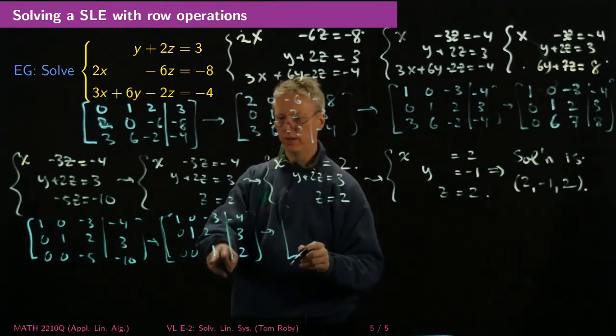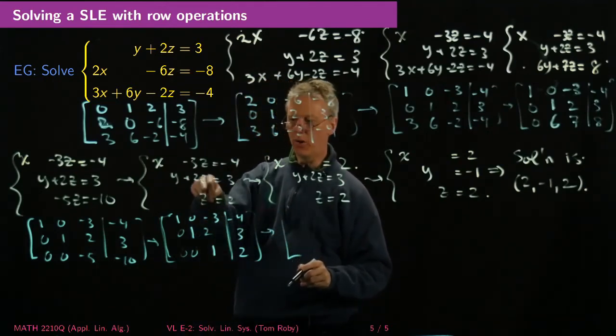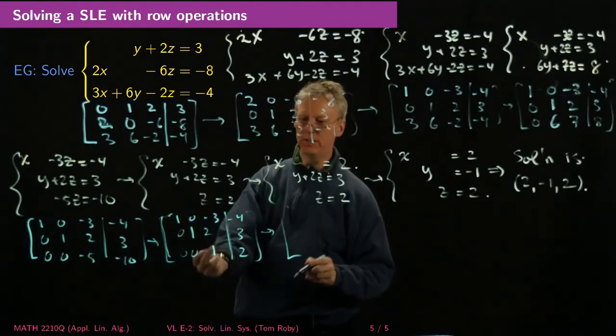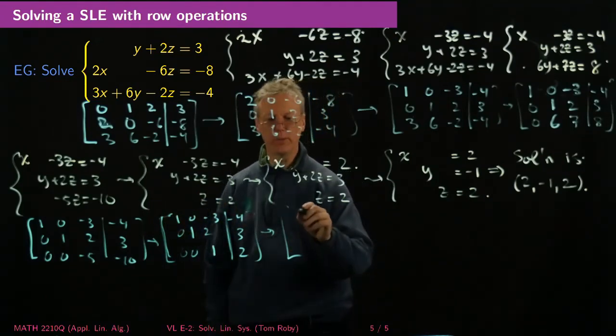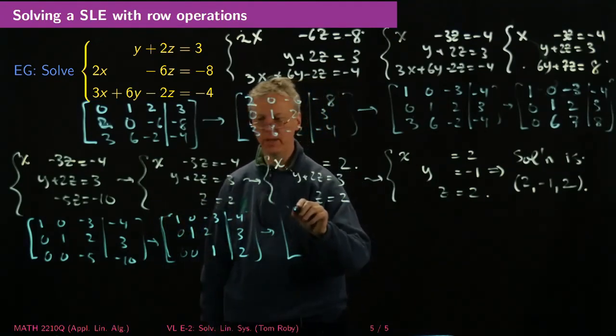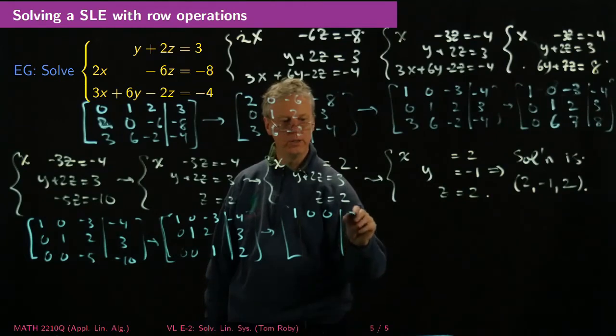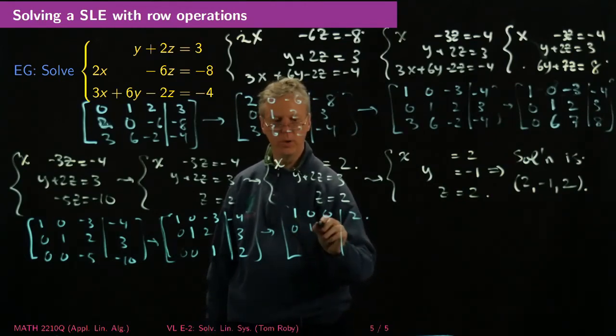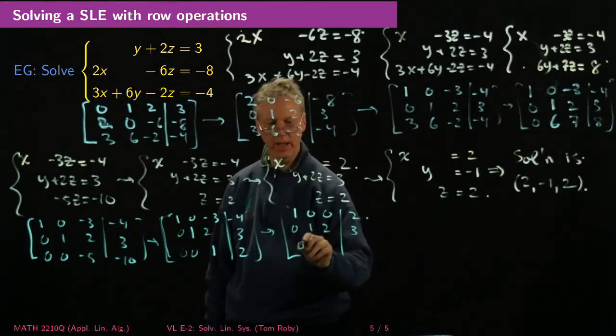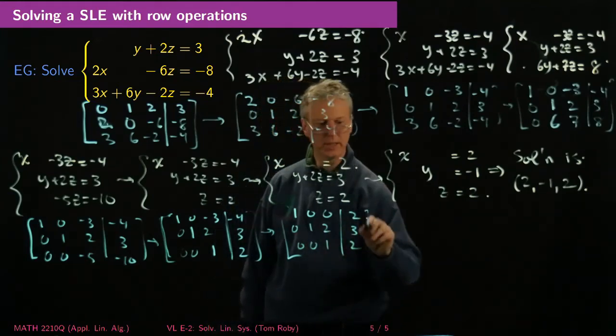Okay, so now I do this next row operation, and what happens? Well, I'm using this 1 to zero out. These guys that I use to zero out other entries, sometimes we call them pivots. You'll see that coming up, right? So now I get 1, 0, 0, 2, and then 0, 1, 2, 3. I didn't change that row yet. 0, 0, 1, 2, but that's coming.